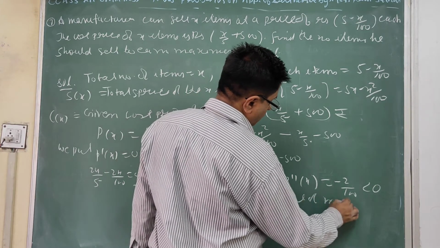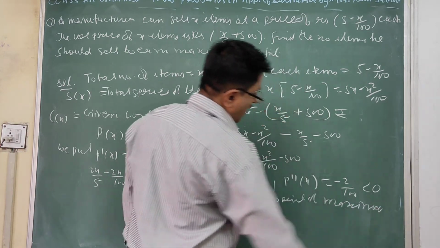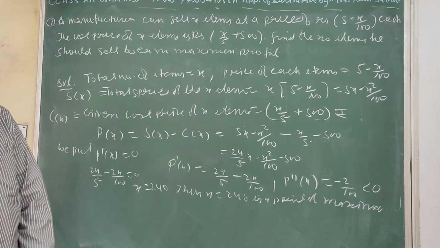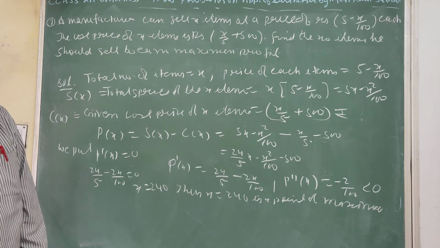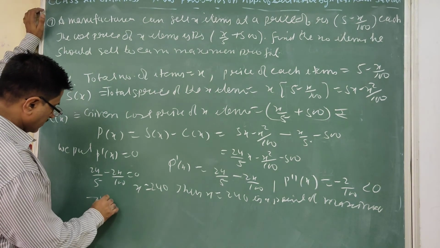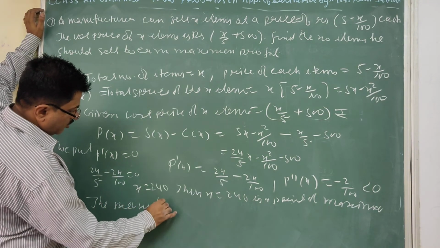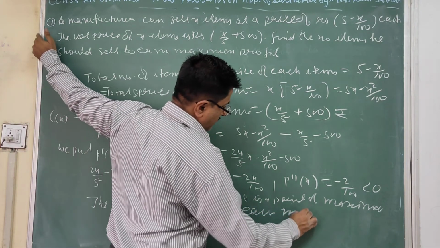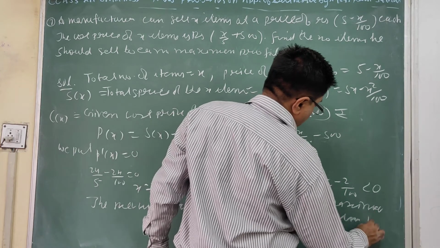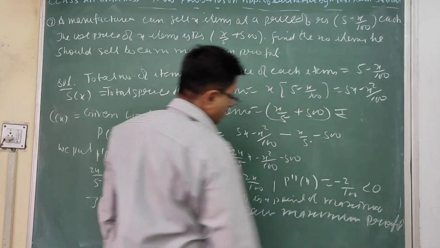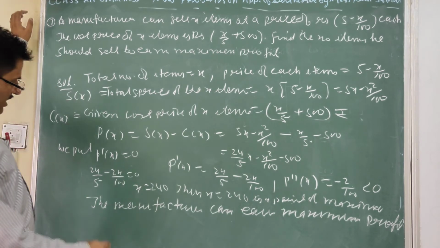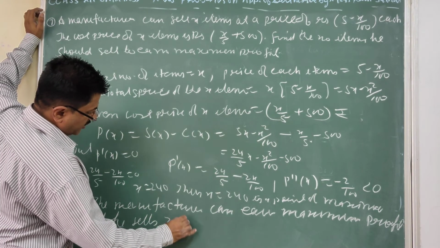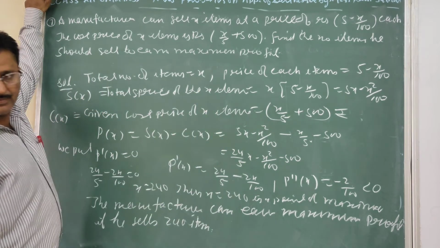So one may say the manufacturer can earn maximum profit if he sells 240 items. Clear?